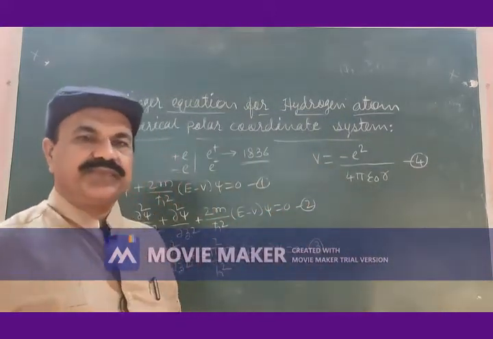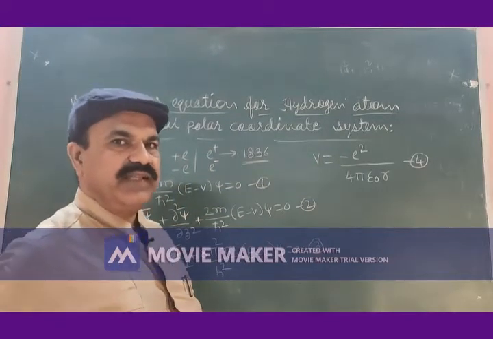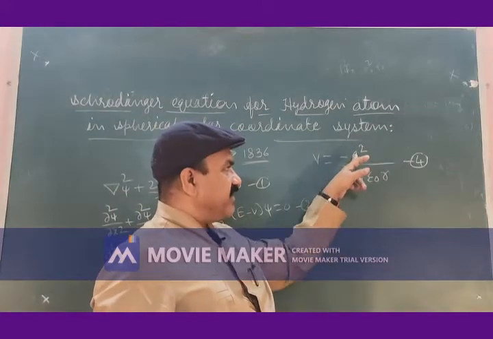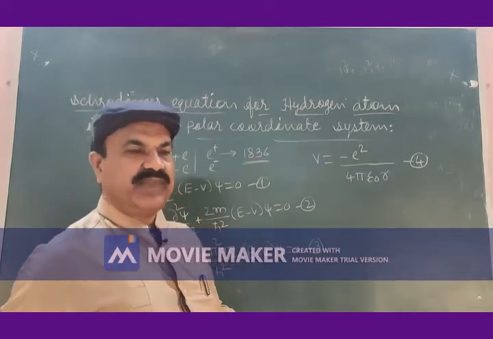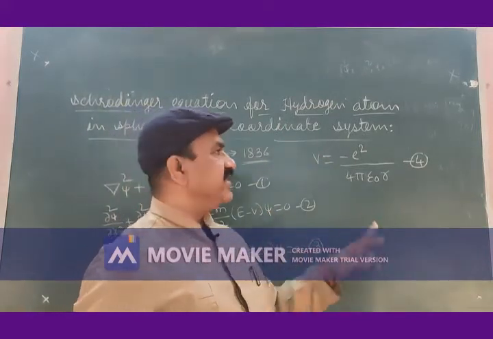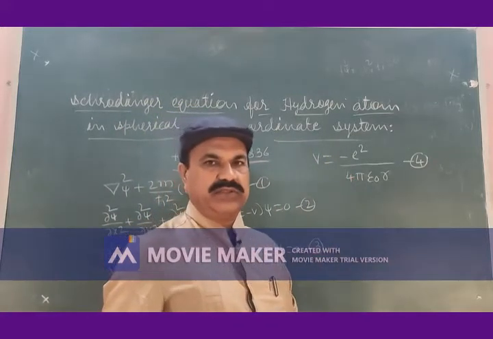V is the potential energy of the electron. This potential energy is a function of r. e square divided by 4 pi epsilon 0 is constant. So this V is a function of r, and this V is minus e square divided by 4 pi epsilon 0 r.